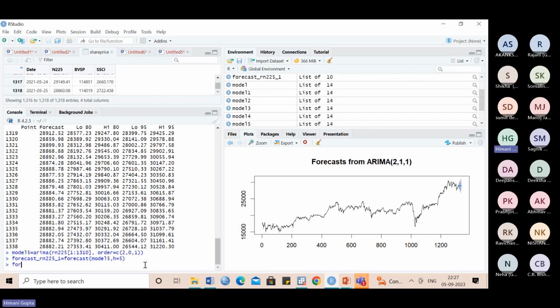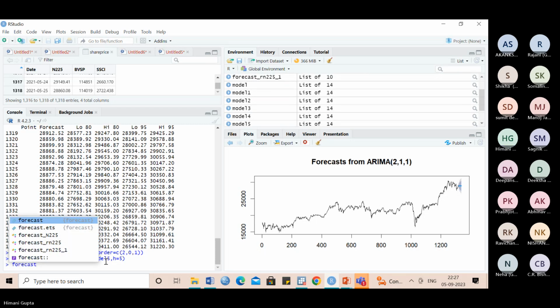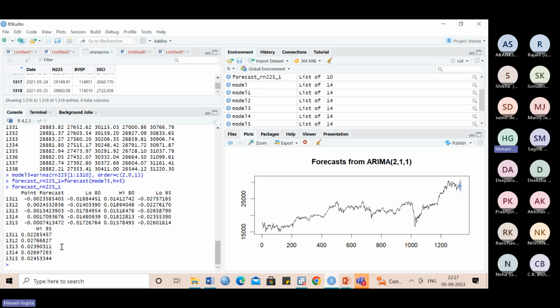Now I'm just writing forecast underscore this. Now you will see that only 5 terms are there, starting from 1311, 1312, 1313, 1314, and 1315. Let's check whether the model we have created is correct or not.